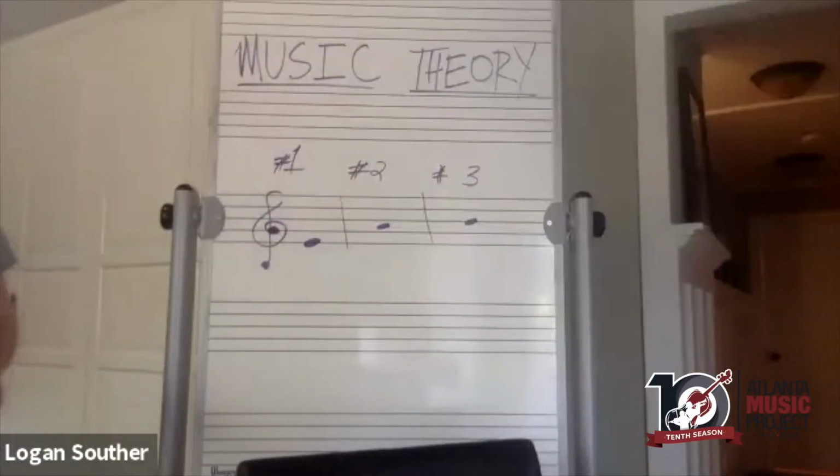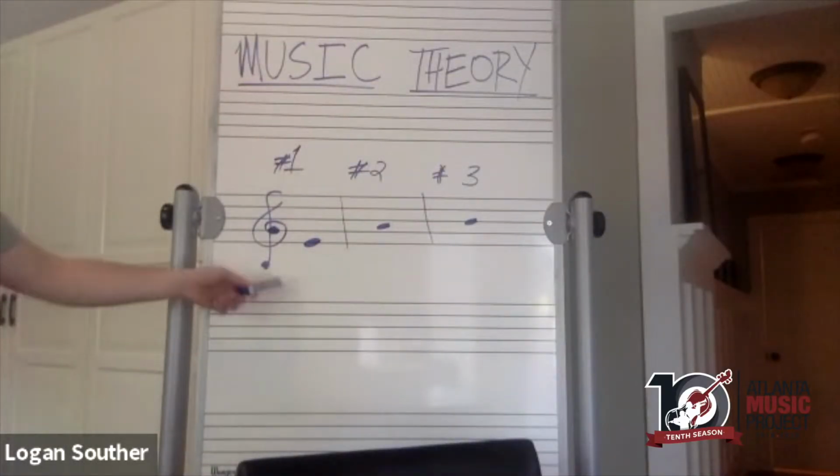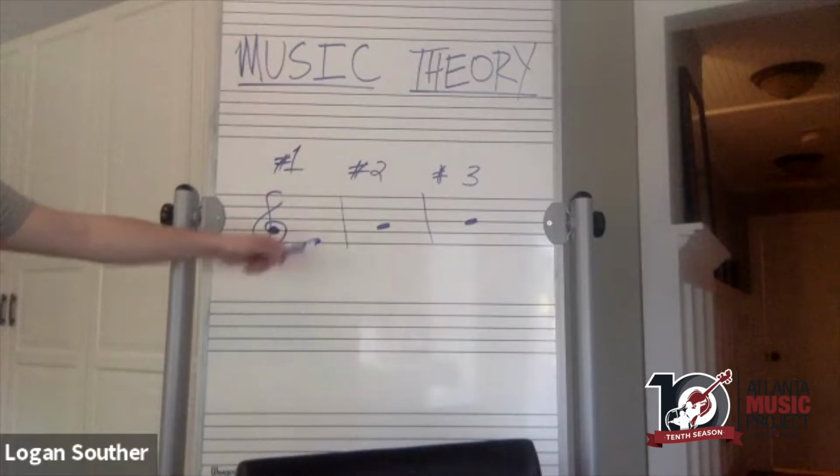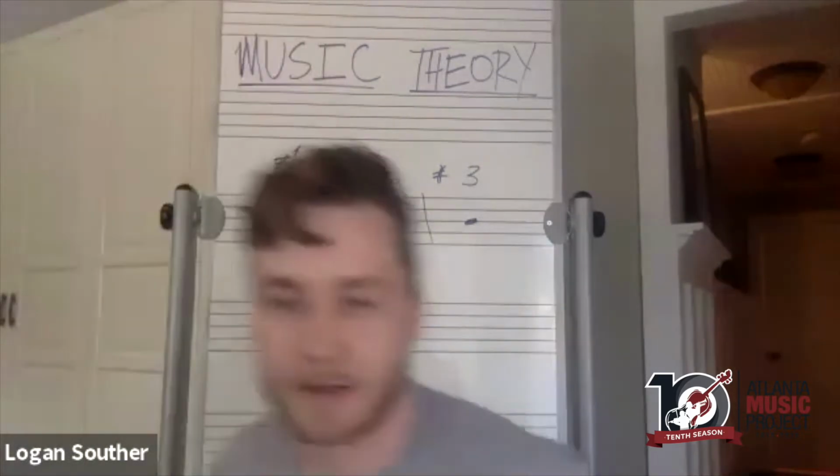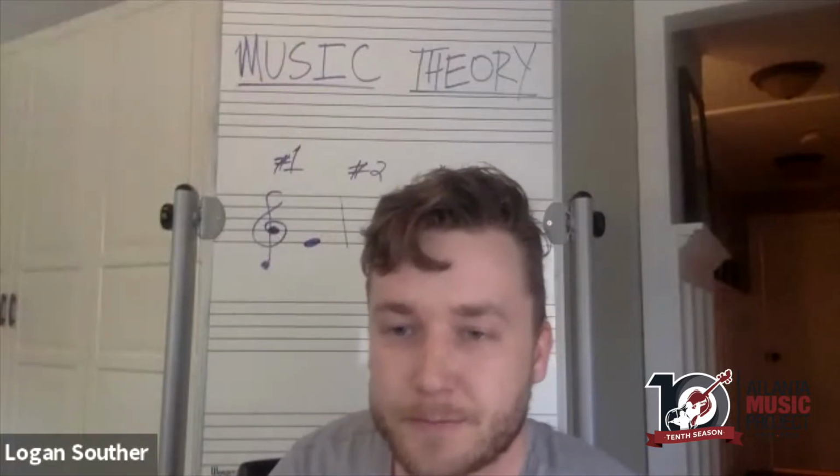All right, so there's just 3 to start off with. We'll have more, but because we have the smaller board, we'll just do 3 at a time. All right, number 1. Does anybody have number 1 that they can answer for us?